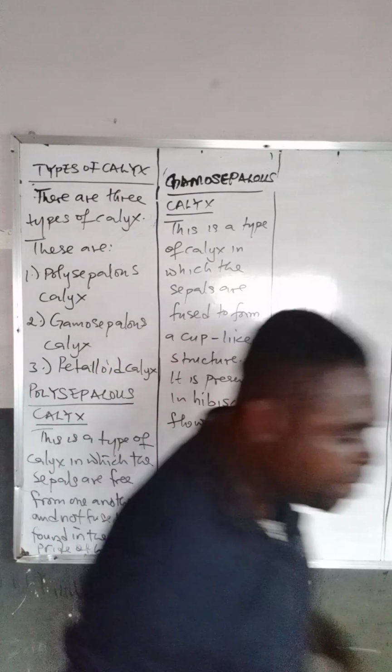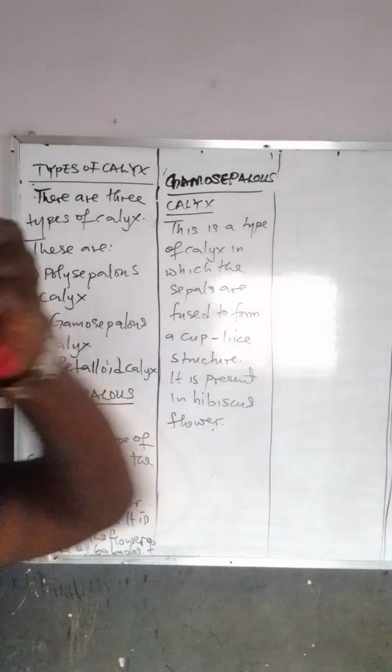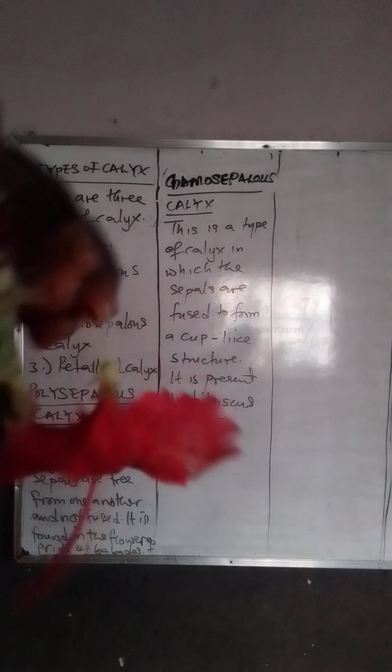Let's check hibiscus flower. See what we are talking about here. This is a hibiscus flower. So with what you are seeing here, you will see this thing that is like a cup, like a glass cup that you use for sharing of wine. This thing, this is the calyx.